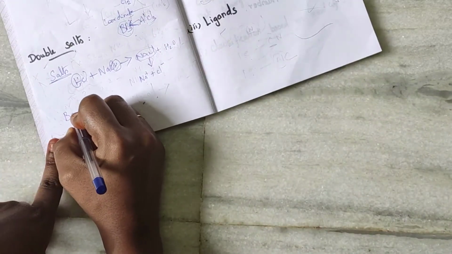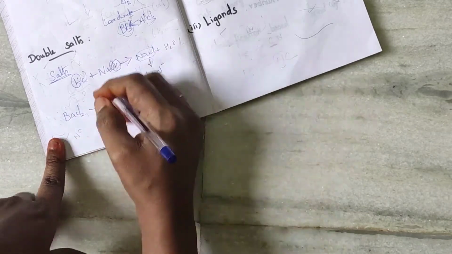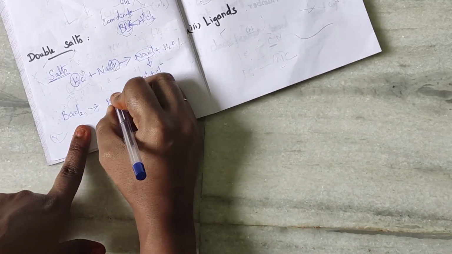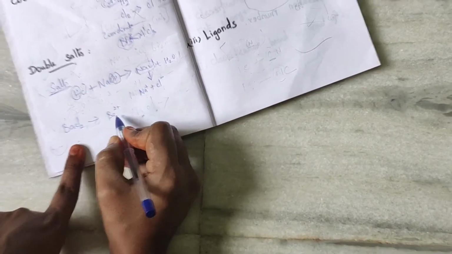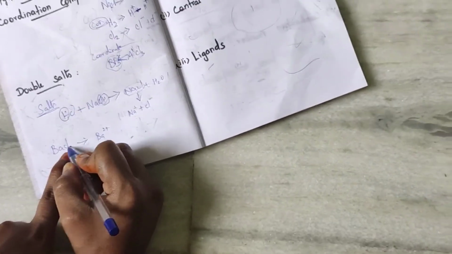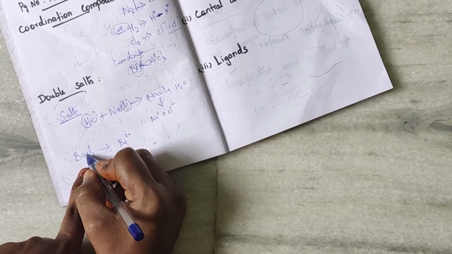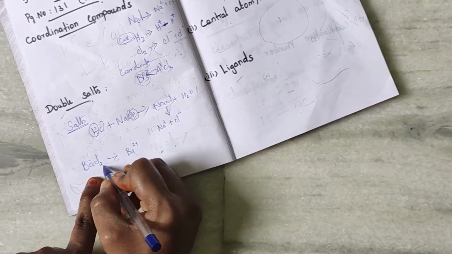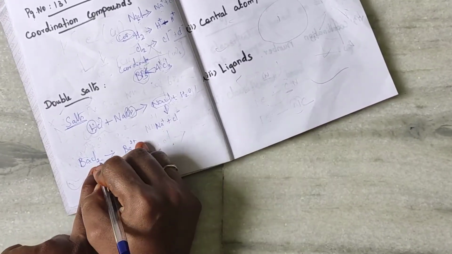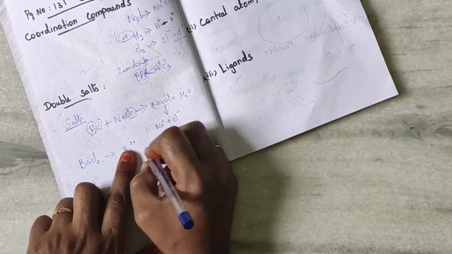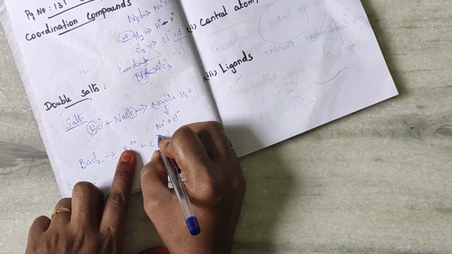Like another example, barium chloride. It gives Ba2 plus ions. Where is this 2 from? This 2 is the valence of barium. This crosses over, so this 2 goes here. Plus Cl minus ions.